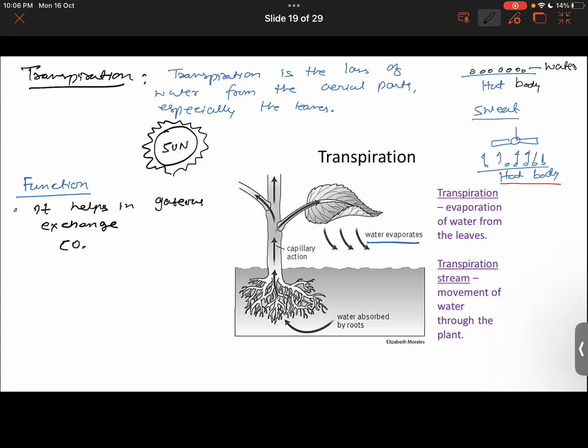Like plants take carbon dioxide in photosynthesis. Okay. List some more. Think about it. What are some other functions it performs?